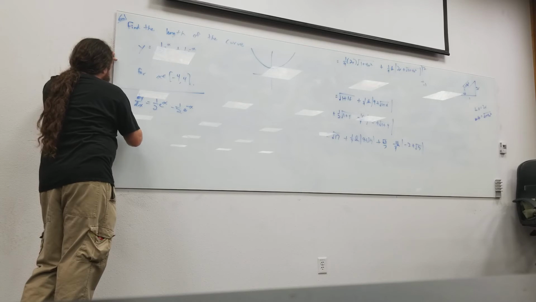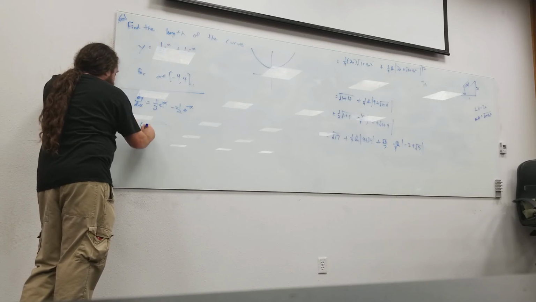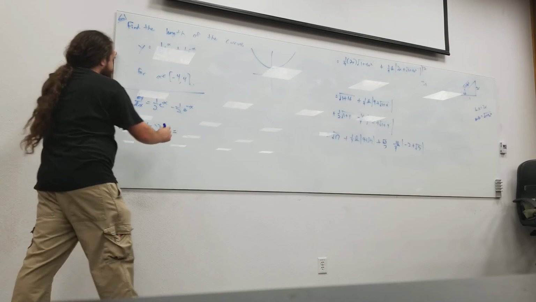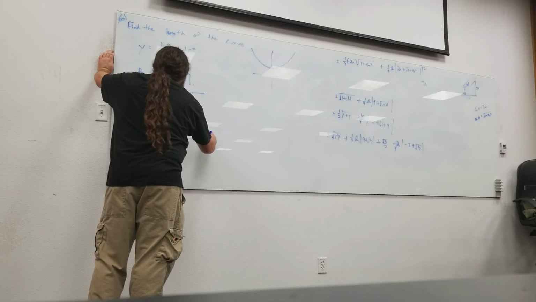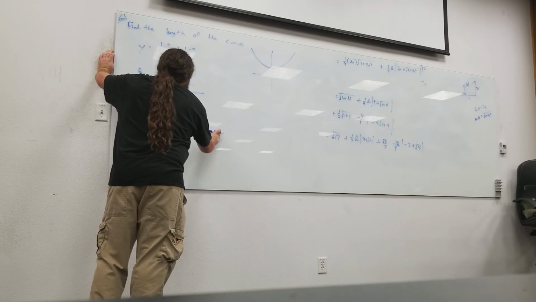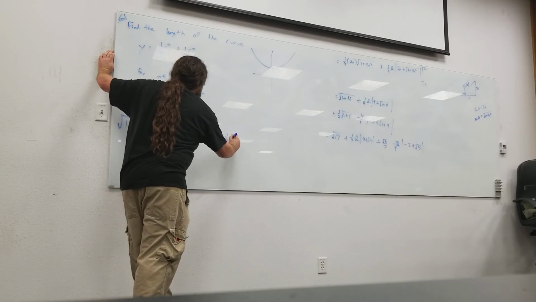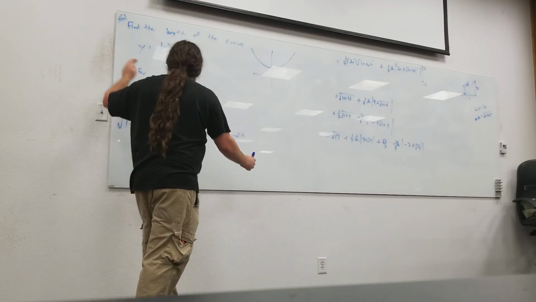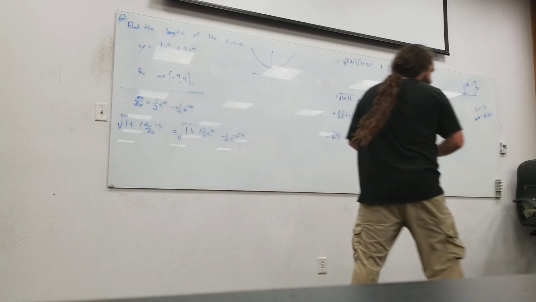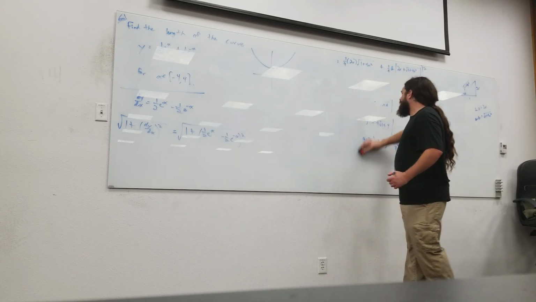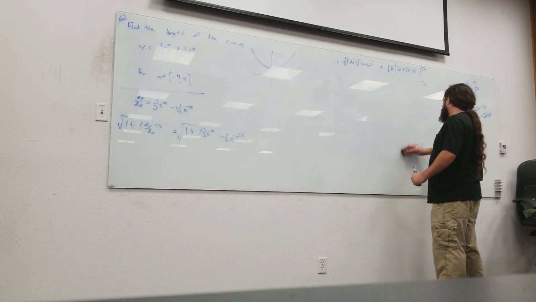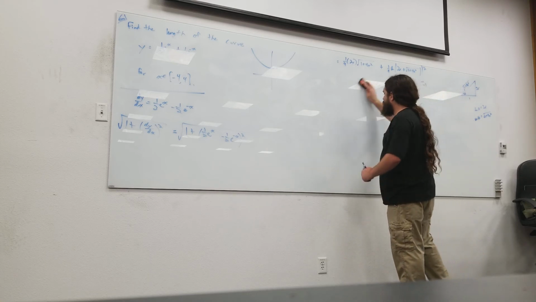So if I want the square root of 1 plus the derivative of y squared, it's going to be the square root of 1 plus 1/2 e to the x minus 1/2 e to the negative x, squared. This is the guy we've got to integrate, so any amount that we can simplify is going to be fairly helpful.